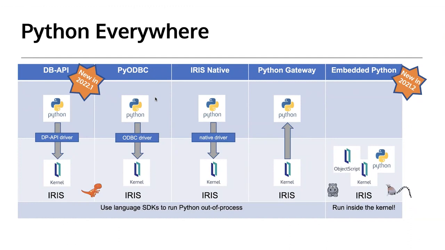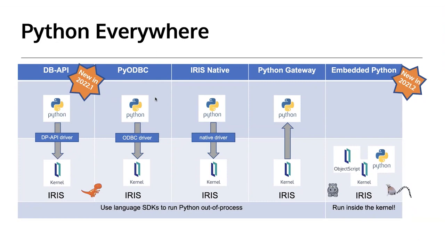First of all, let's start on the left with some of the relational drivers. So we've had PyODBC for a long time, and we just introduced DBAPI in version 2022.1. PyODBC, an ODBC driver that you install, lets you work with your IRIS data as a relational model.